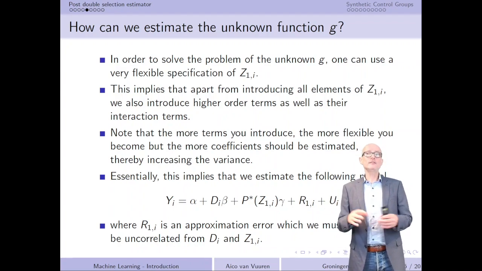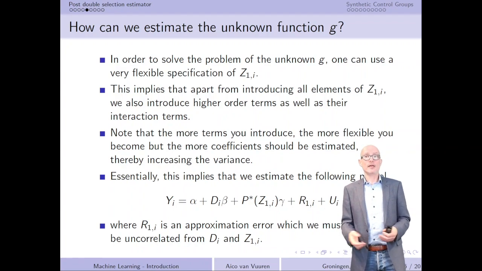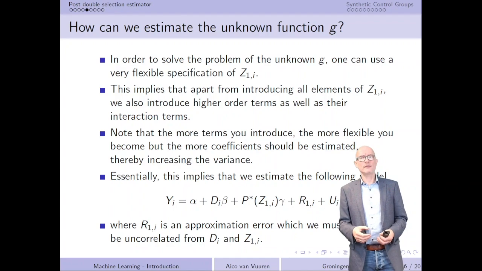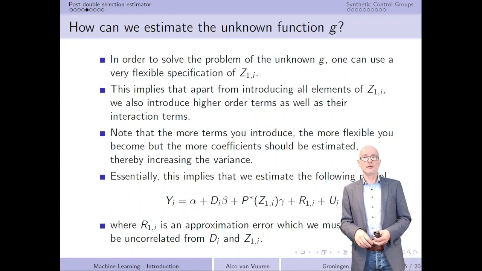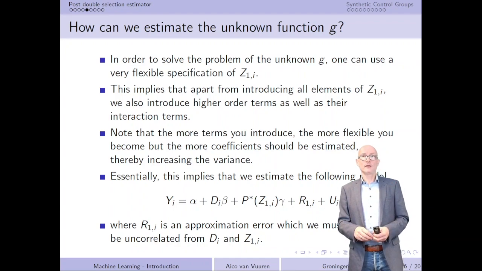So only the unsystematic part could actually be captured by R1i. Well, if that is going to be true, then generally R1i is going to be uncorrelated with both z1i and di. Still we have our error term, our ui as well. But we should realize that in this particular setup, since both R1i and ui are uncorrelated with both di and z1i, we could in principle estimate this with ordinary least squares.